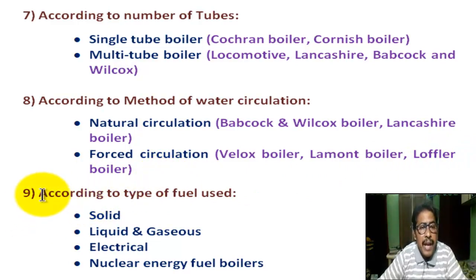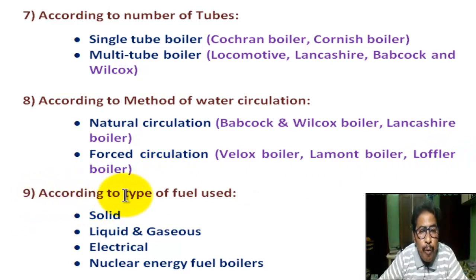Number 9, according to type of fuel used. First, solid fuel. The boiler in which heat energy is obtained by the conversion of solid fuel like coal is known as solid fuel boiler. Next, liquid and gaseous.